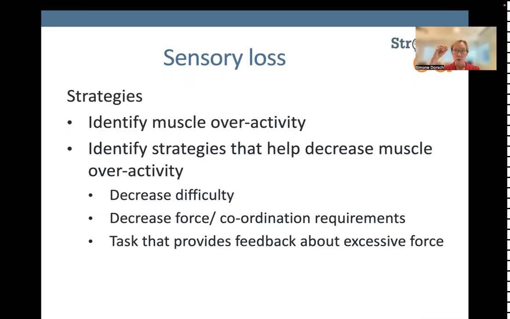So excessive force will lead to an ineffective grip of the fork. So it's a good strategy for practice too, because somebody can see immediately when they're applying too much force. And so in the presence of sensory loss, obviously that's going to be very useful practice for them.